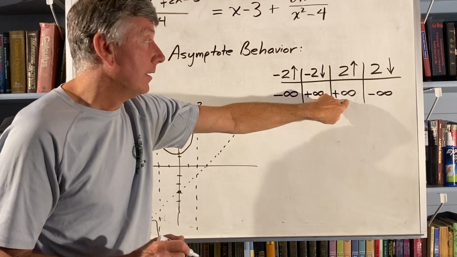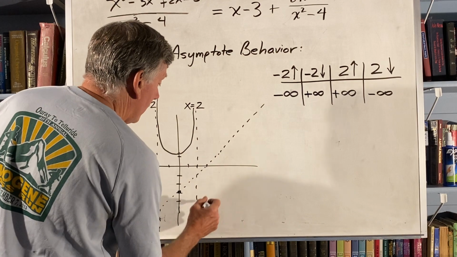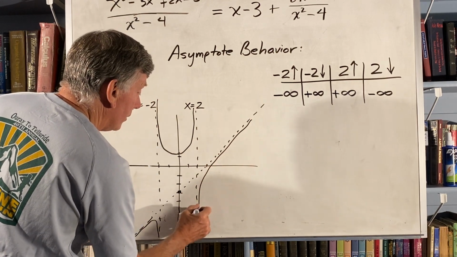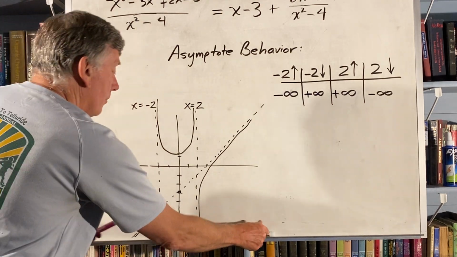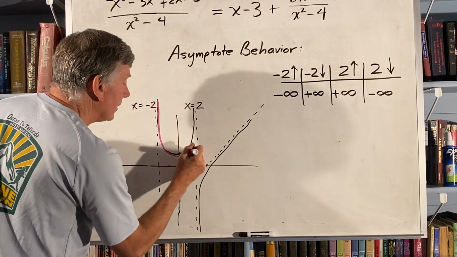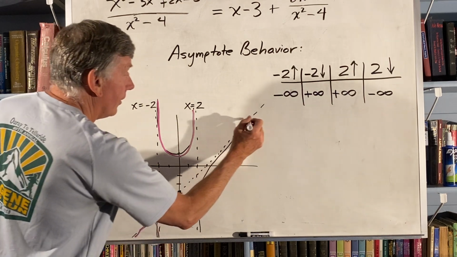That's what that tells me. And finally, this guy to negative infinity means that it's going to come and go down like that. So my graph, and you can check it on Desmos, is going to look something like this.